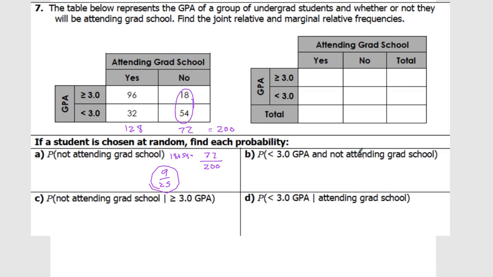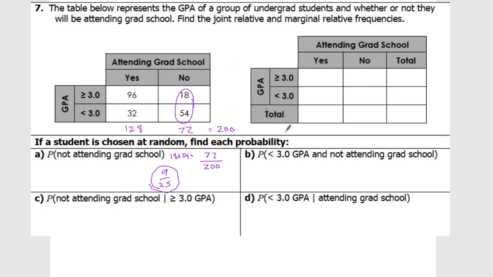Okay. Again, another non-conditional probability. The two on the bottom are conditional probability. So the probability of getting less than a 3.0 GPA and not attending grad school.